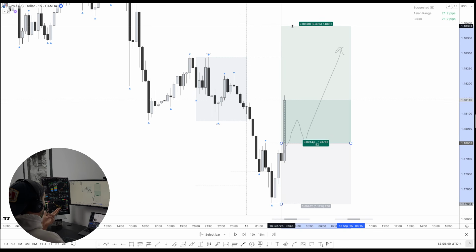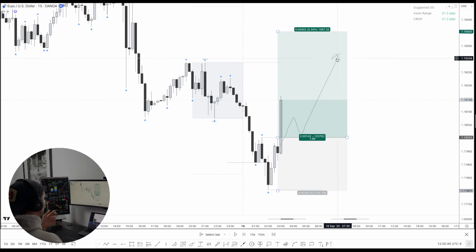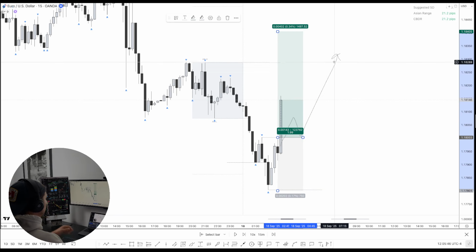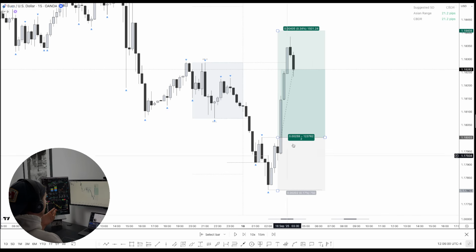And I try to play the probability game, and the way in which I do that is by targeting a fixed R. So in this instance, my risk to reward is going to be a fixed 2 to 1, and I will look to trade it back into the highs of around 1.8480, right?